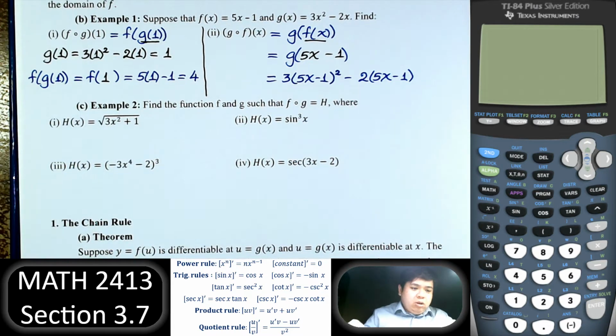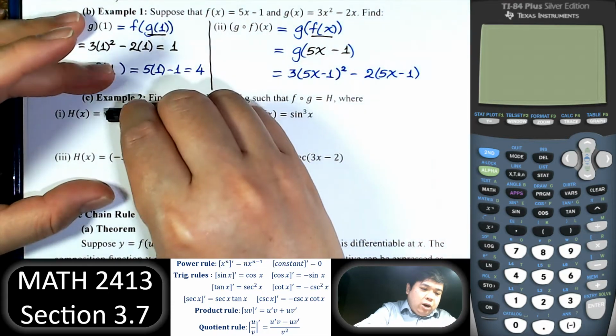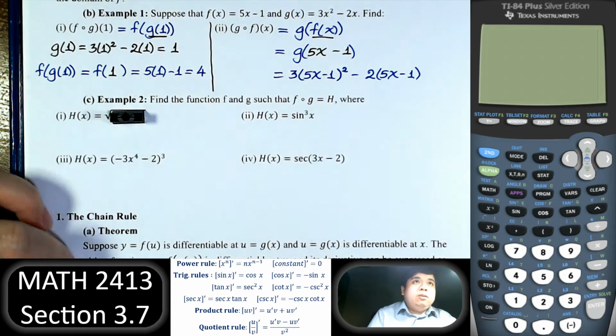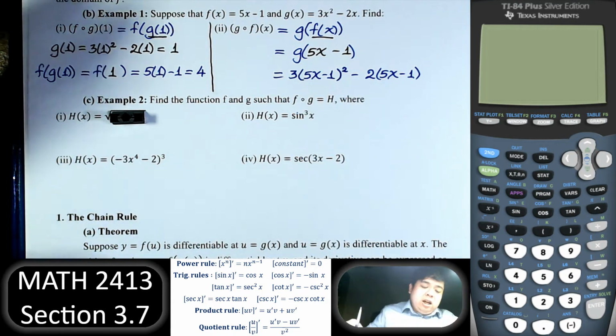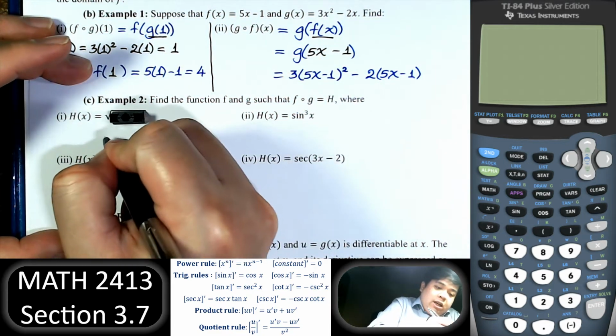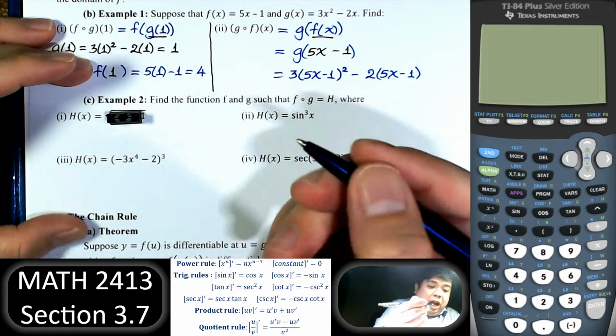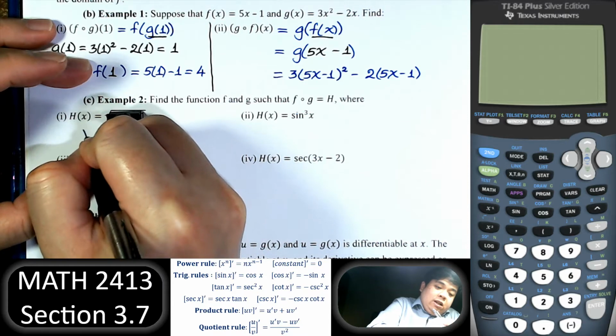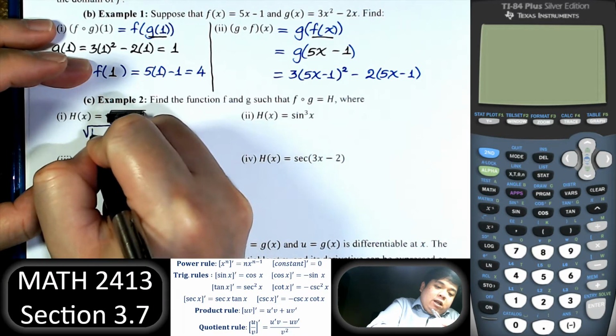The way to decompose this is first to ignore what's inside of the square root. Doesn't matter what it is. We can write a function of, say, a box.